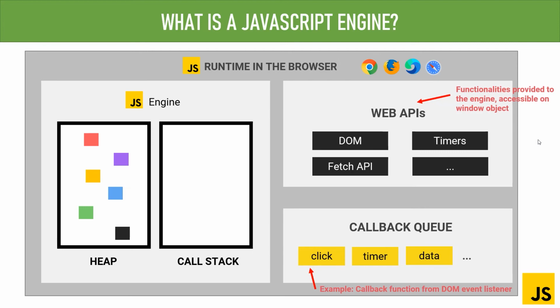And here is how that actually works behind the scenes. The first thing that happens after the event is that the callback function is put into the callback queue. Then, when the stack is empty, the callback function is passed to the stack so that it can be executed. And this happens by something called the event loop. So, basically, the event loop takes callback functions from the callback queue and puts them into the call stack so that they can be executed.